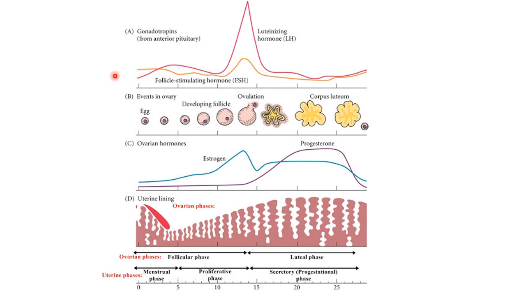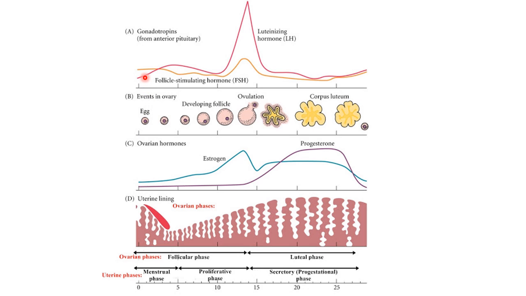And remember also, as the follicle is developing in the ovary, that it's releasing estrogen. So we see that the estrogen levels are rising here. And notice that progesterone is not doing anything at this point, because it's not until the corpus luteum is formed that progesterone is released.